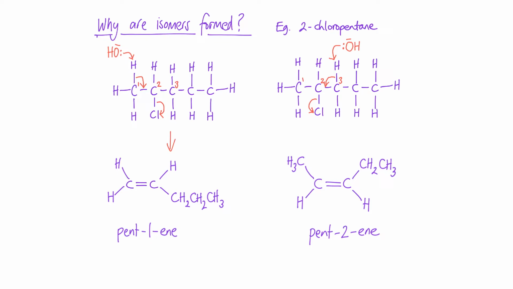So this version that we've drawn here, we have got our highest priority groups on the same side, so that, if you remember way back to when you did isomers, Z and E isomers, is your Z-pent-2-ene. You could just as likely have drawn it the other way around, so you'd still be correct if you had drawn the E-pent-2-ene. It's actually both of those within our mixture alongside the pent-1-ene.